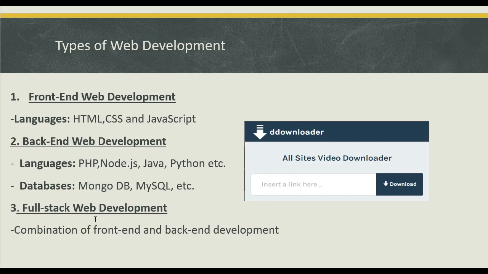Then we have the third type, which is full stack web development. Full stack involves the front end and the back end. So you might be a front end web developer, a back end web developer, or a full stack web developer, whereby it means you are a jack of all trades.